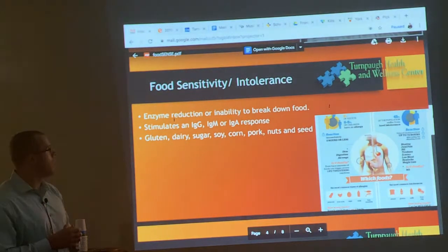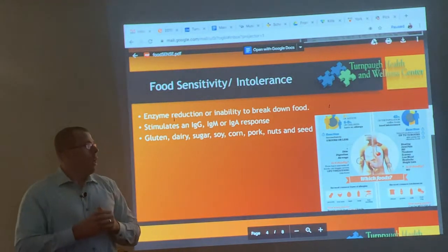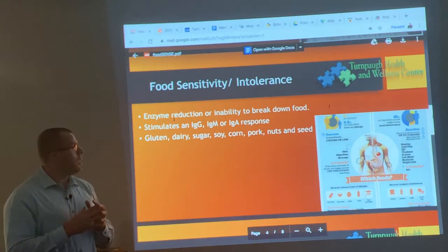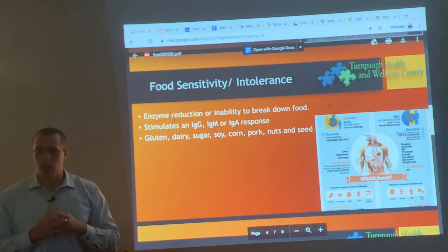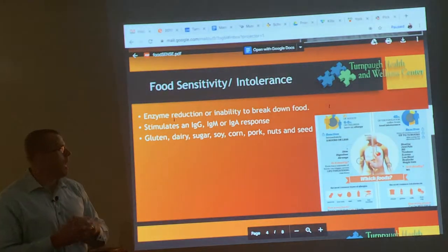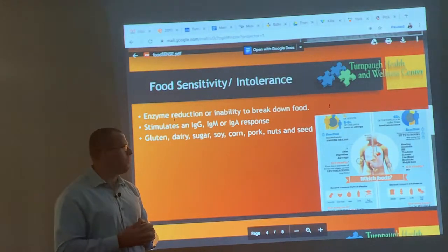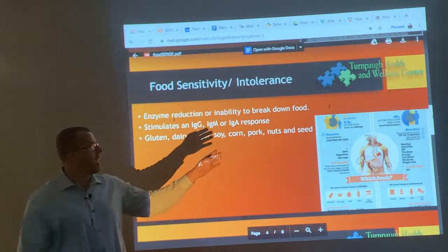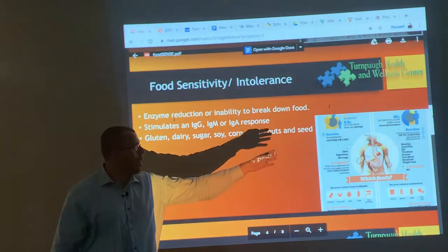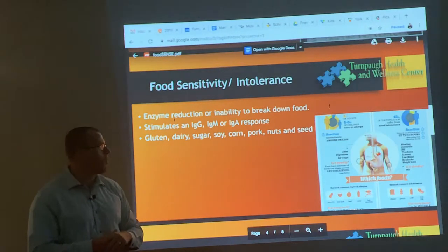What happens in regards to this is making sure that we have good enzyme production, so we're breaking down effectively. And as we can see over here, I'll read this off a little bit because it's a little bit blurred. This goes over the allergen and food intolerance part, so it kind of recaps what we said.